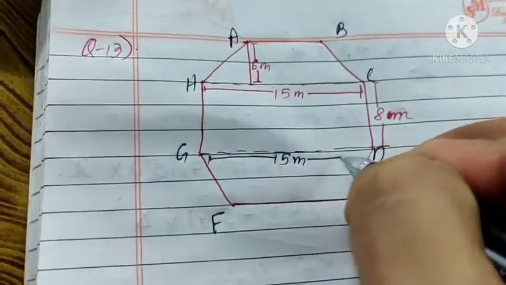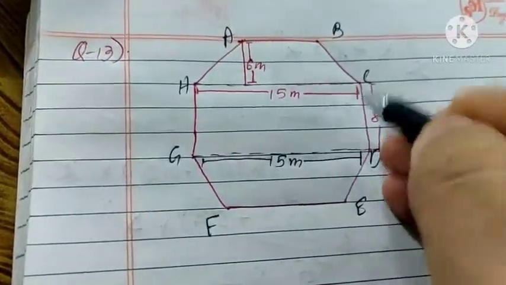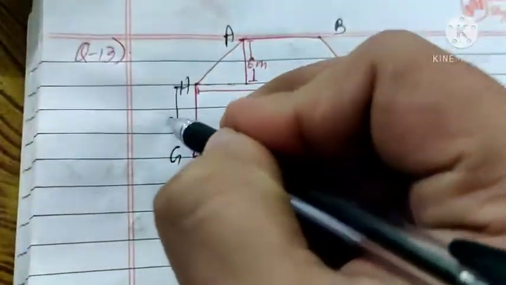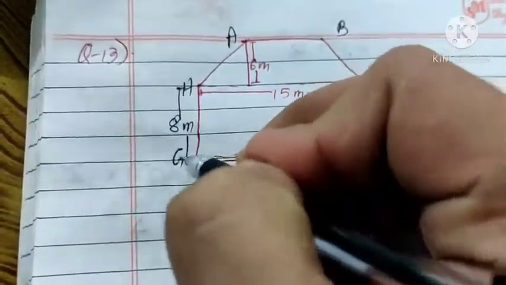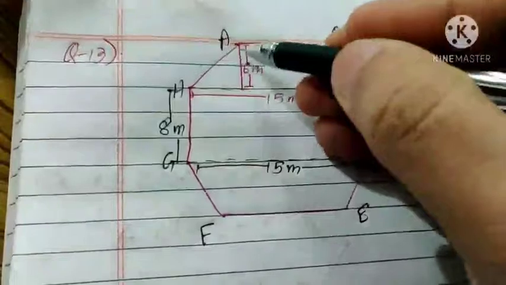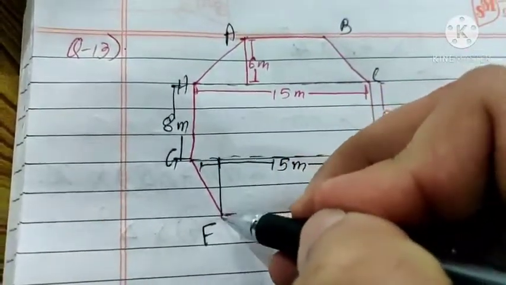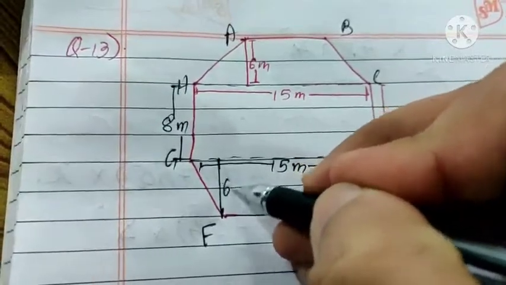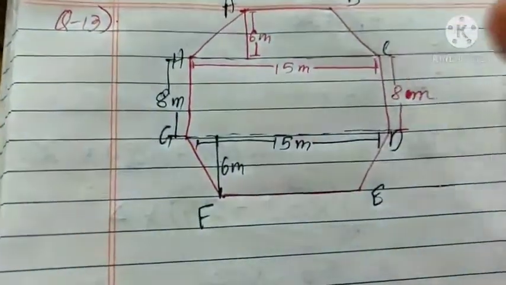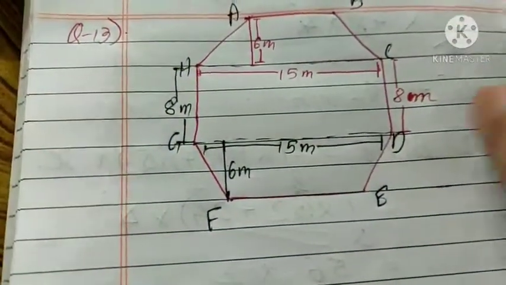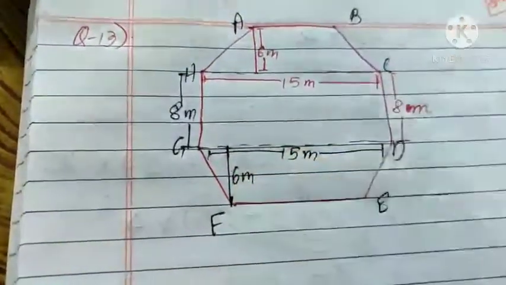In a rectangle its opposite sides are equal. So this is 8, so this will also be 8. Here this is 6 meters, so this will also be 6 meters, as this was a regular figure, that is, all the dimensions are somewhat equal. So this is 6, so this will also be 6.